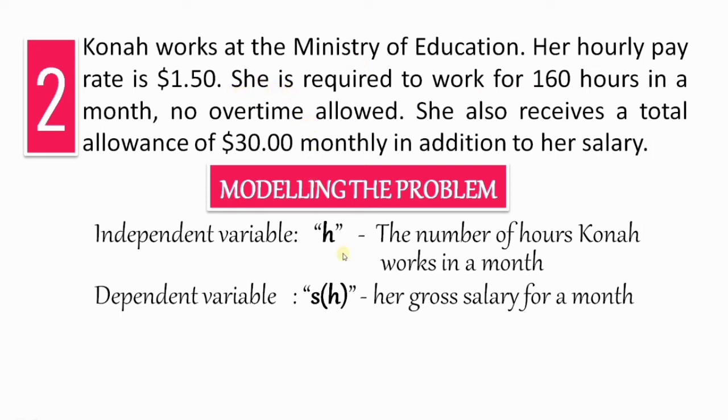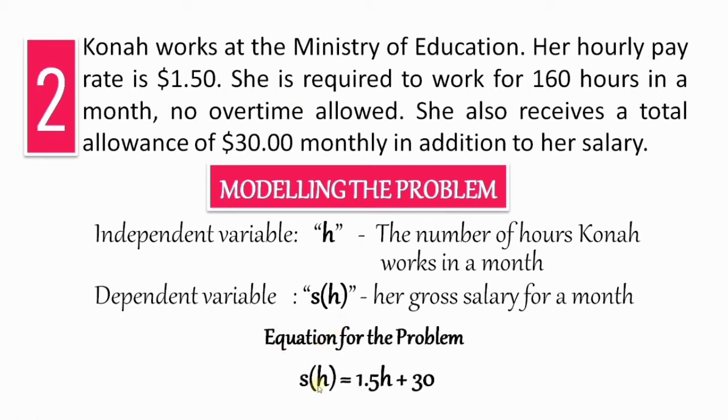So we will have the equation as S of H equals 1.5 H plus 30. The 1.5 is the hourly rate and the H is the number of hours. So that's the equation that will model this problem.